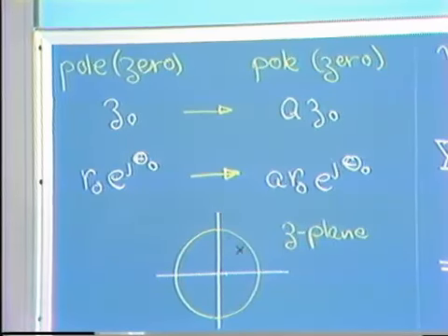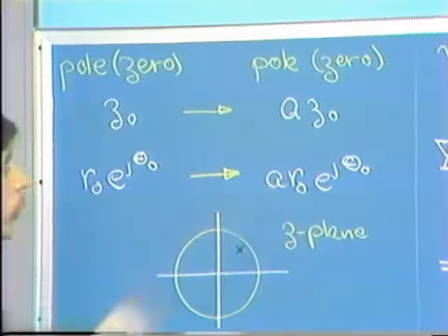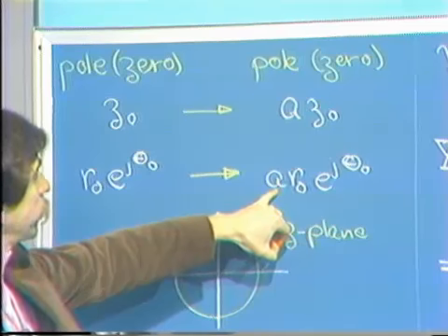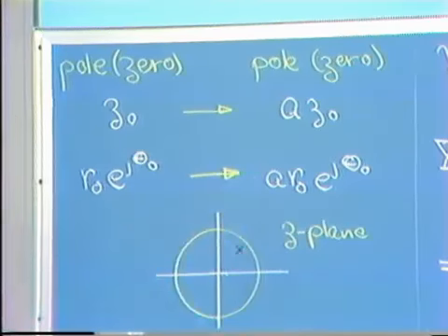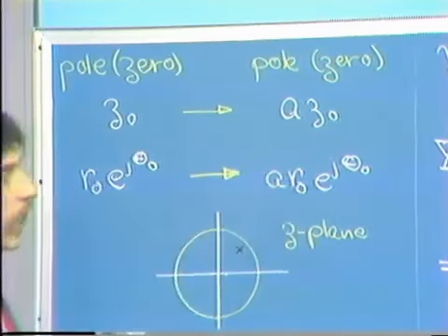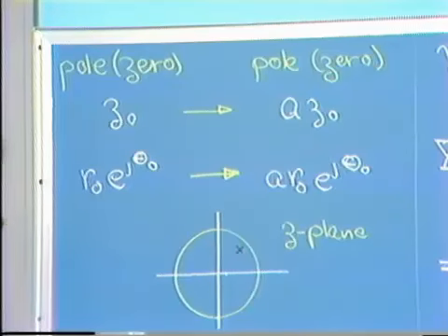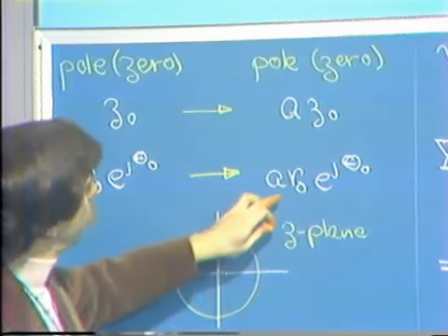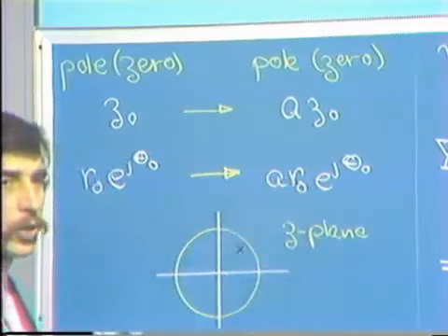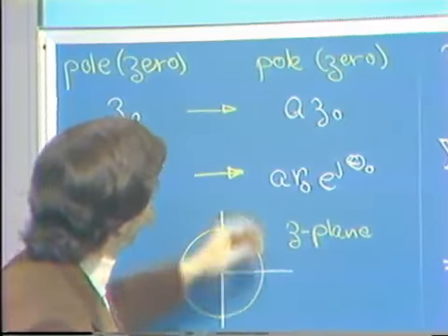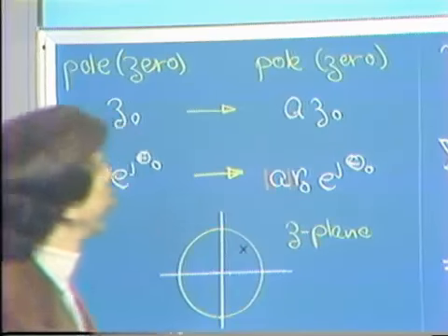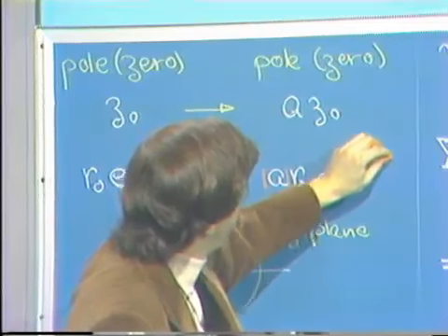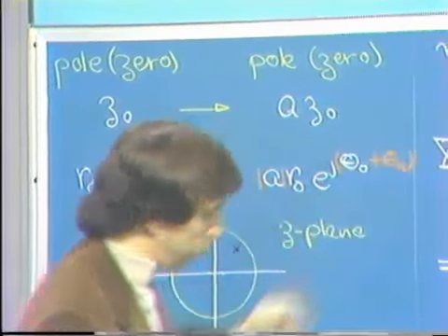Obviously then, if this number a is a real number, then the only effect on the location of the pole is to change its radial value and not change its angle. More generally, if a is complex, then to write the resulting pole or zero in polar form, we would replace r0 by its magnitude times r0, and add to the phase the phase that corresponds to that number a.